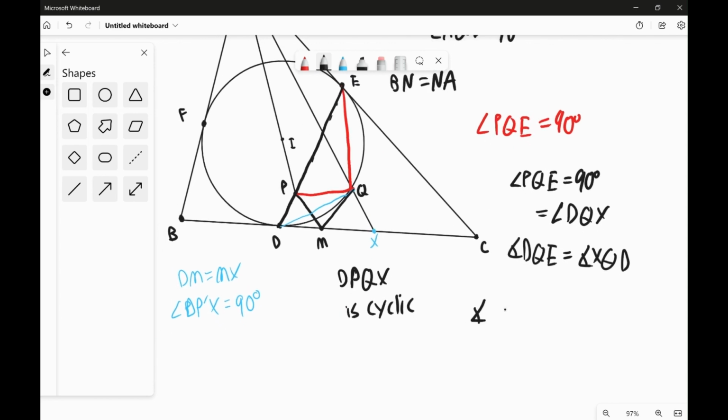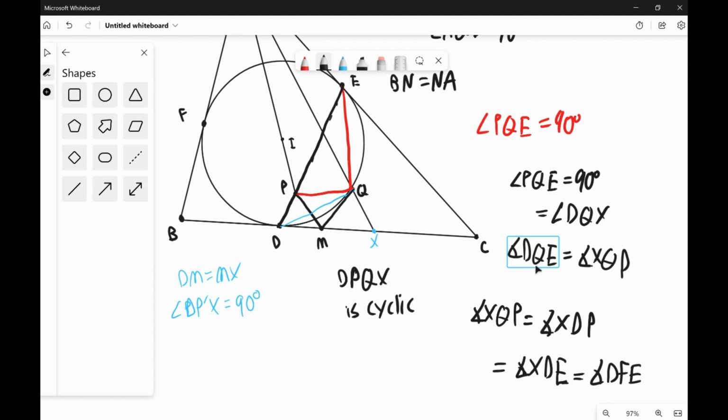We have that angle XQP is equal to angle XDP, but note that XD is tangent to this incircle here, which means that it's angle XDE, and this is where the fact that P lies on line DE comes into play, and this becomes DFE.